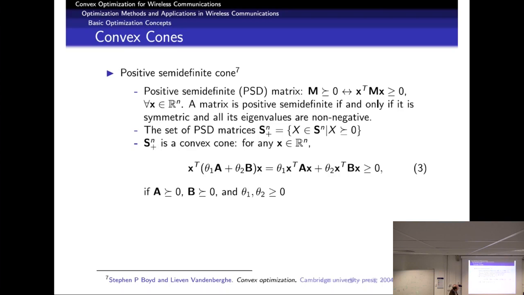You have a column vector, a row vector multiplied by this matrix, and for any x, this quantity is always non-negative. That's the definition of a PSD matrix. Equivalently, you can say M will satisfy this property if M is symmetric and if all its eigenvalues are non-negative.